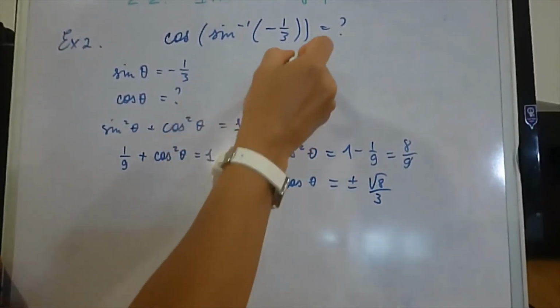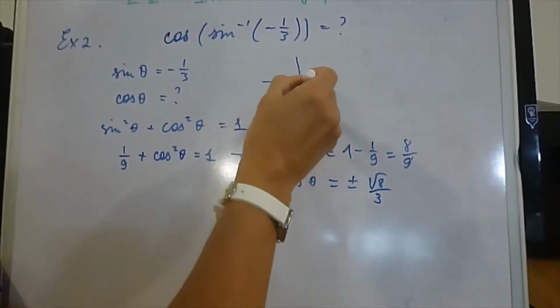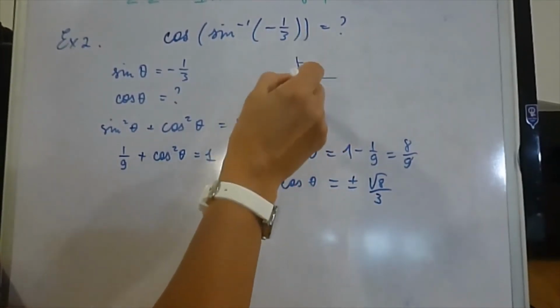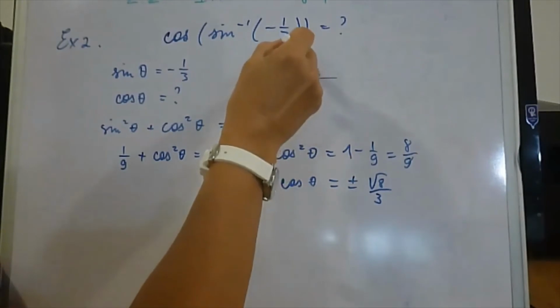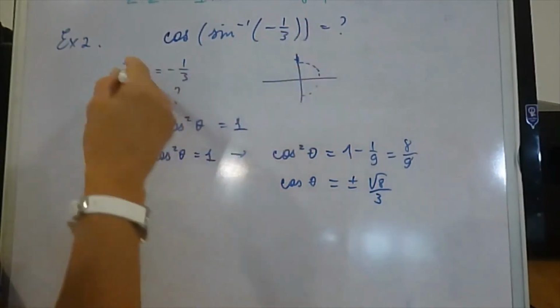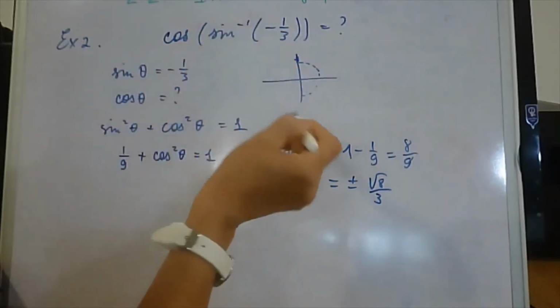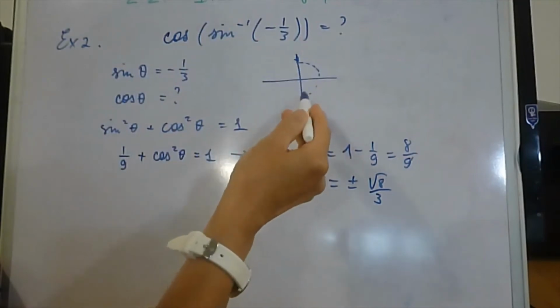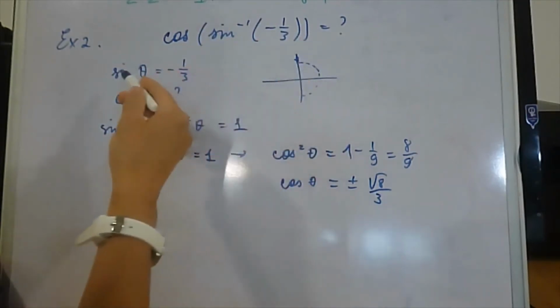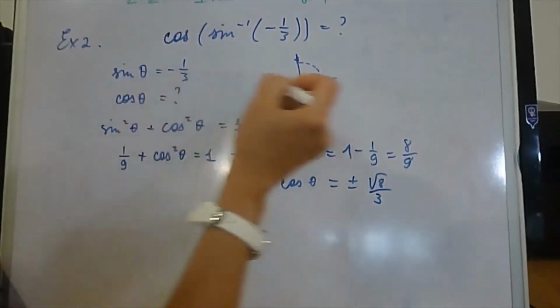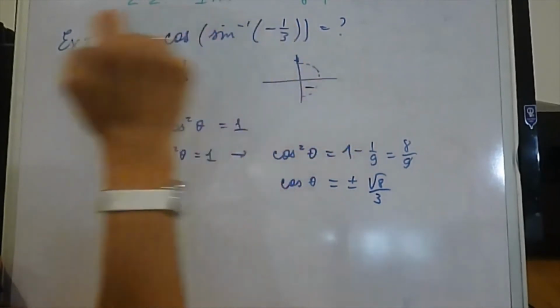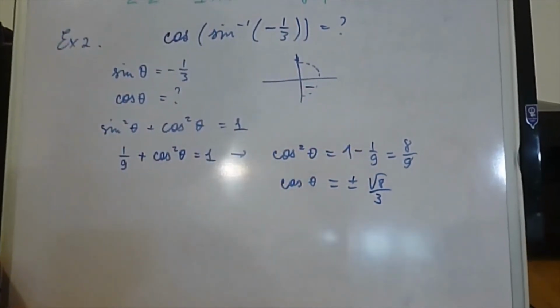Well, I'm going to draw a little circle. I remember that sine inverse returns values from negative pi over 2 to pi over 2. Negative sine, that's negative y, means that we are going to be somewhere here. What is cosine there?